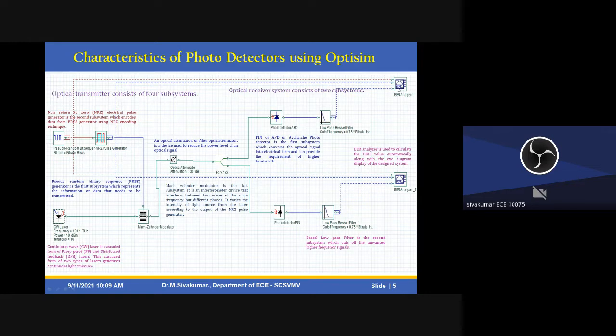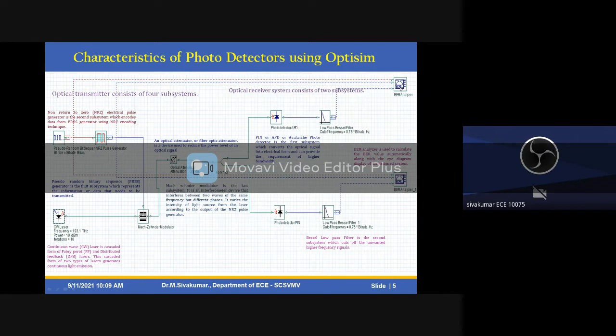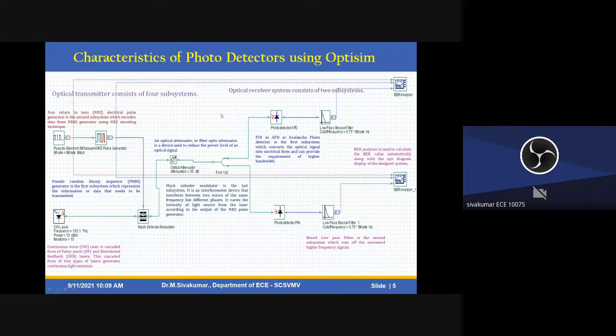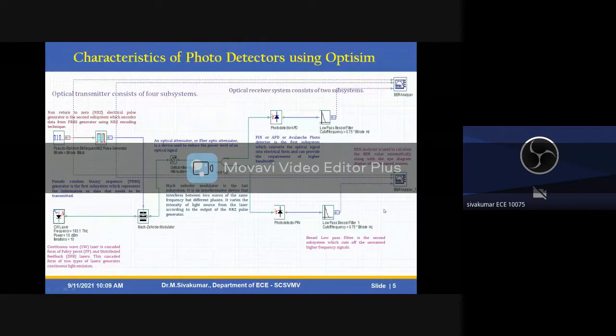Why are we using the BER analyzer? Here itself in the BER analyzer you can also view the eye diagram, so we use the BER analyzer. What is a PIN photodetector or avalanche photodetector? It is the first subsystem, which converts the optical signal into electrical form and can provide the required higher bandwidth.